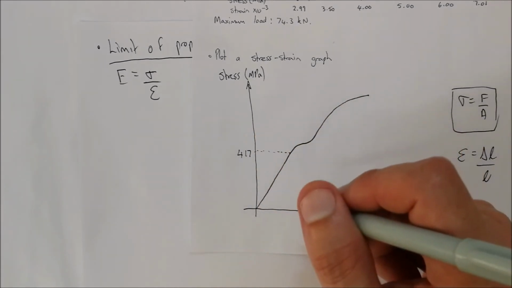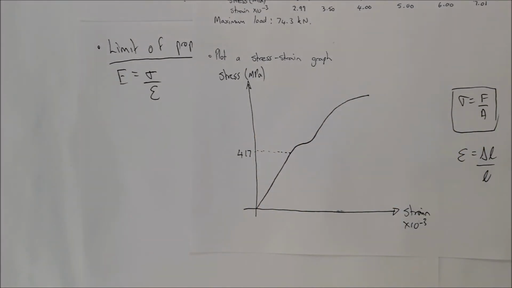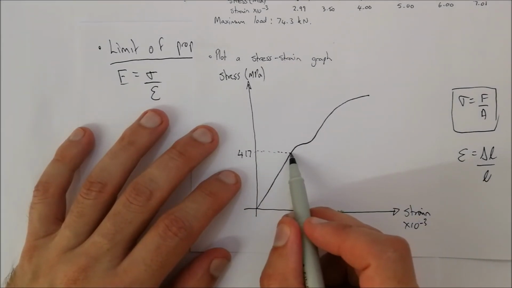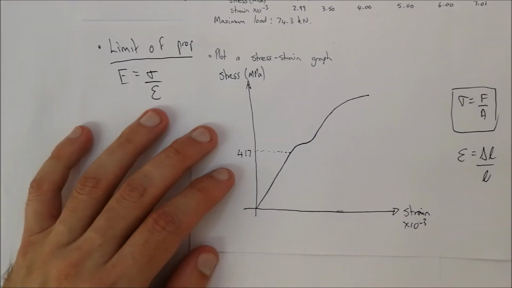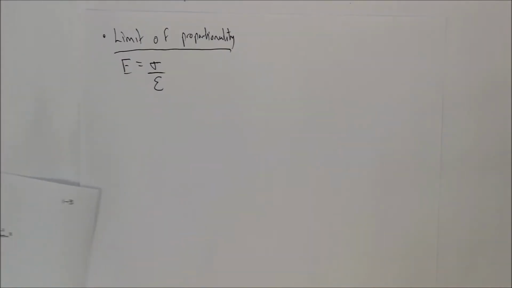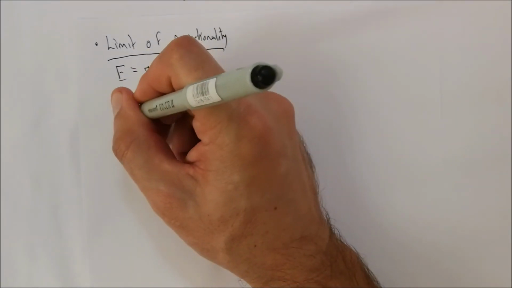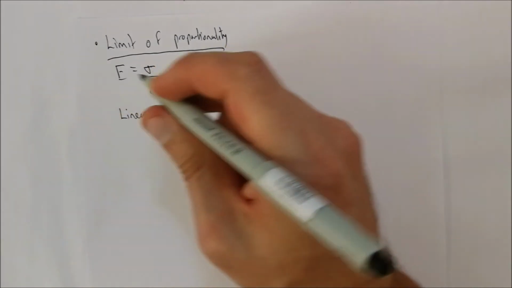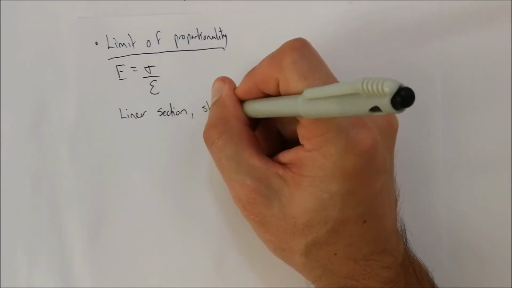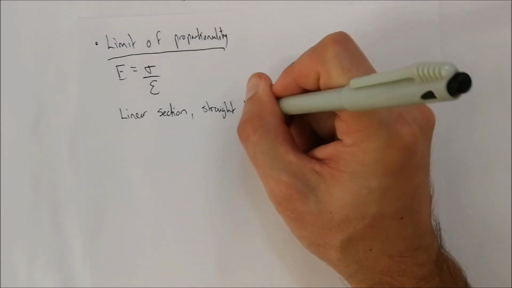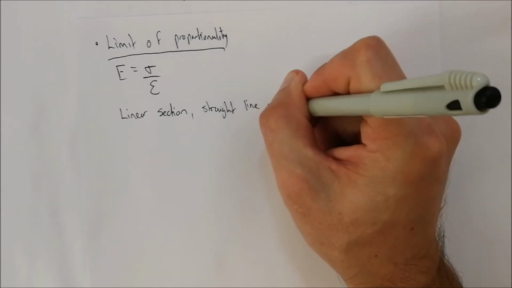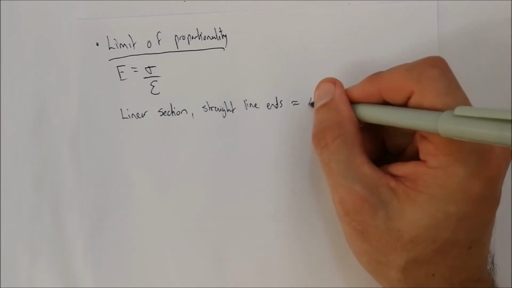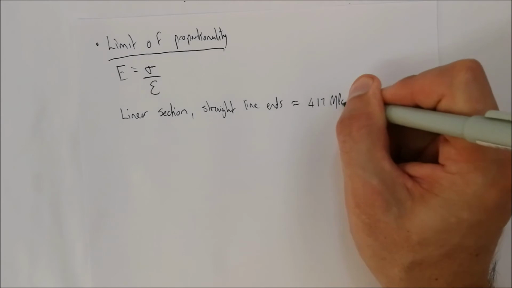So essentially we can say our limit of proportionality, that's where this linear section ends, is roughly at 417 megapascal. Keep in mind it's on the linear section. That's where the straight line ends, and that is roughly equal to 417 megapascal.